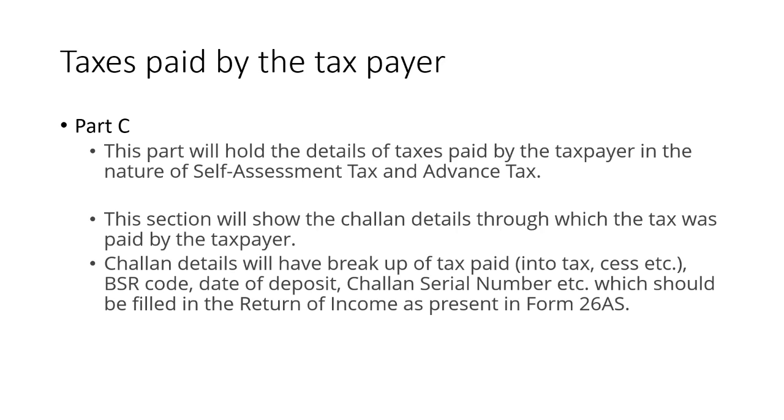Then afterwards, the income tax returns will be filed. This will be disclosed in Part C of the 26AS form. So, based on this, if there is a shortage, the tax is required to be paid before filing the income tax returns by the different categories of taxpayers.